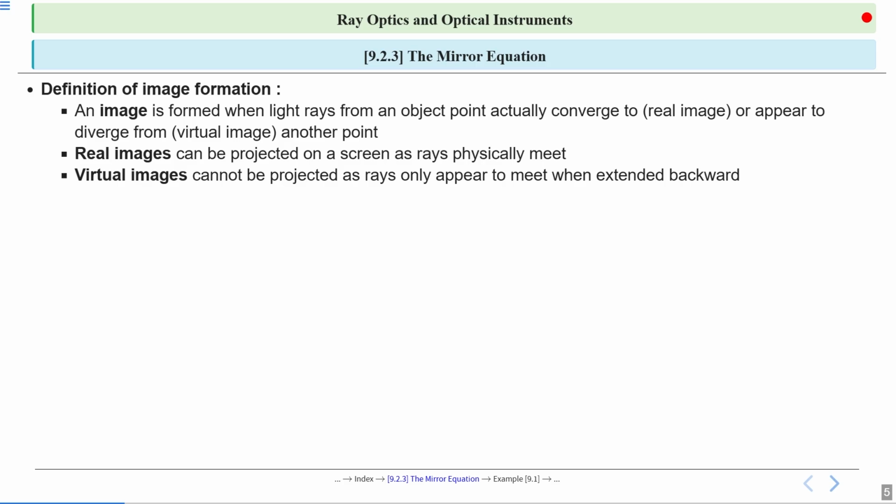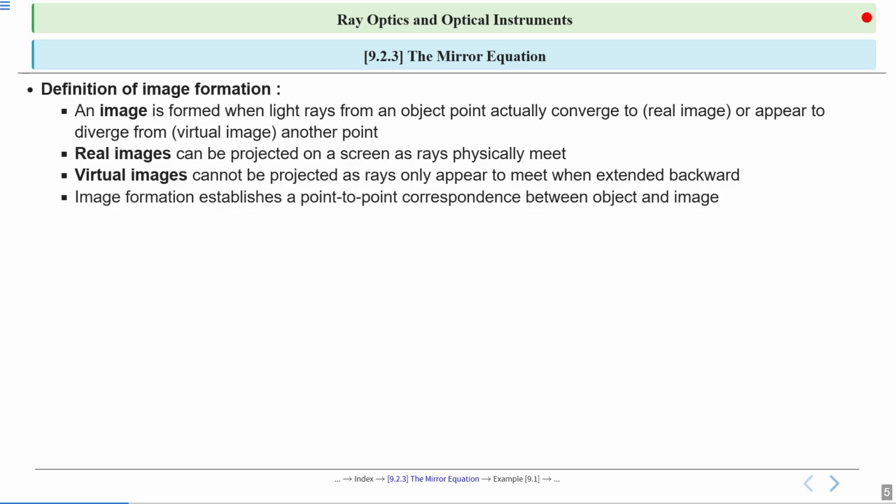That's how a plane mirror is formed. A plane mirror forms a virtual image behind the mirror. The image that we see of ourselves in the mirror is a virtual image. That image cannot be projected on the screen because it is formed behind the mirror. Only real images can be projected on the screen.